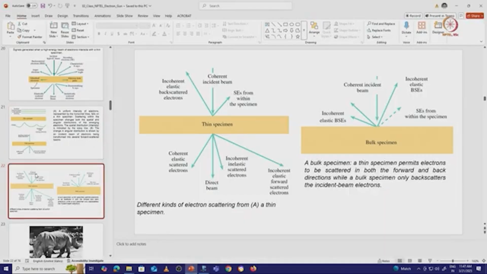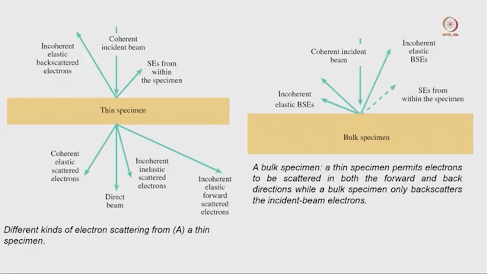So now I hope it is clear why we are talking about the coherent elastically scattered electron beam. In other cases, when there is a direct collision between an electron and an incoming electron, you can get an incoherent, inelastically scattered electron.